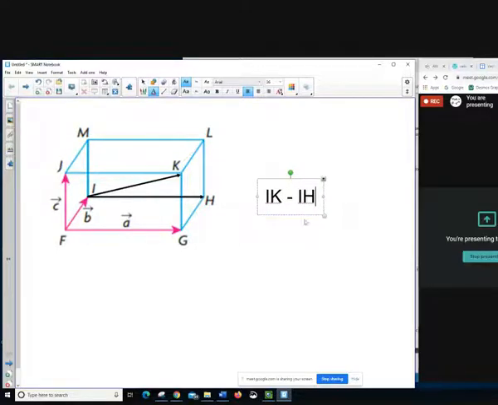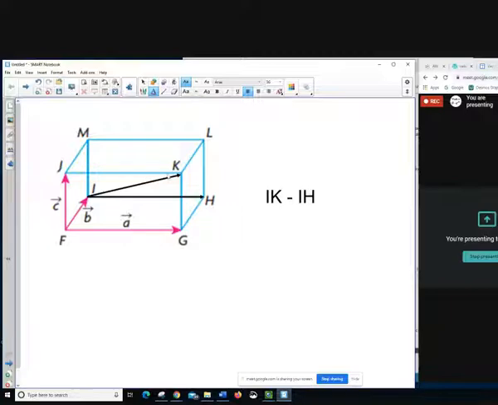And who remembers the rule for which tip I start with when I'm doing a subtraction? When they're placed tail to tail, it is a vector that joins the tips, but the order matters. Is it H to K? There you go. It's the tip of the second to the tip of the first. Okay, so that's the rule.